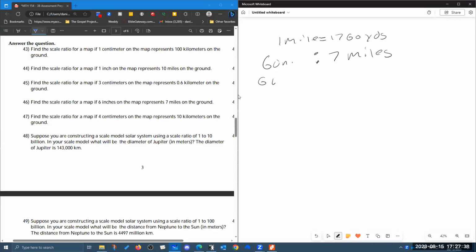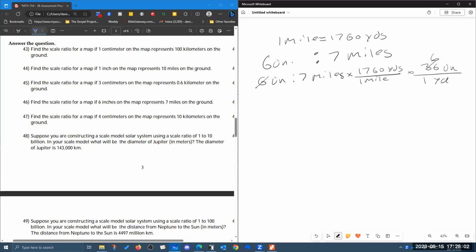So 6 inches, 7 miles, times 1 mile is 1760 yards times 1 yard is 36 inches.